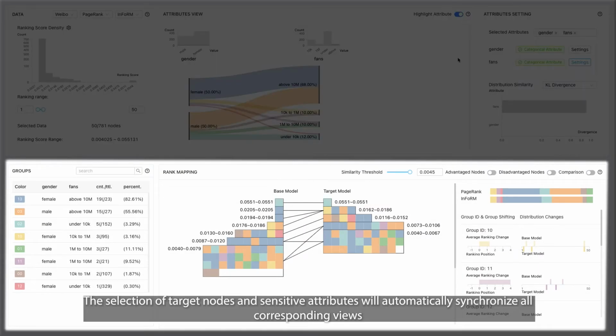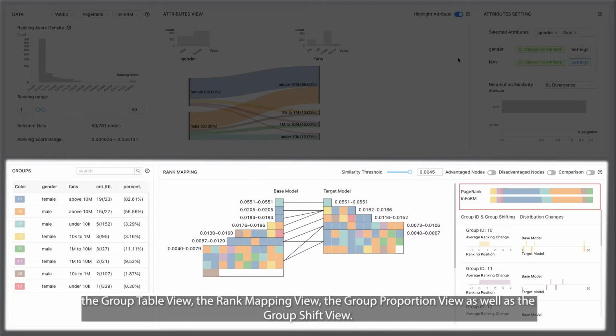The selection of target nodes and sensitive attributes will automatically synchronize all corresponding views, and users can then inspect fairness from a variety of aspects through such views including the group table view, the rank mapping view, the group proportion view, as well as the group shift view.